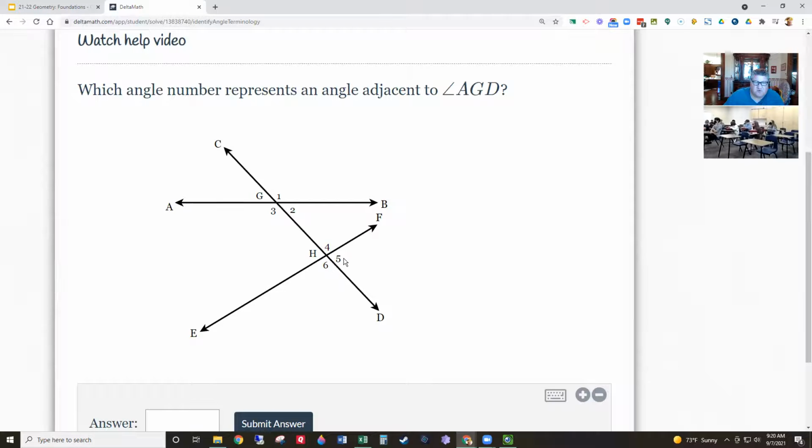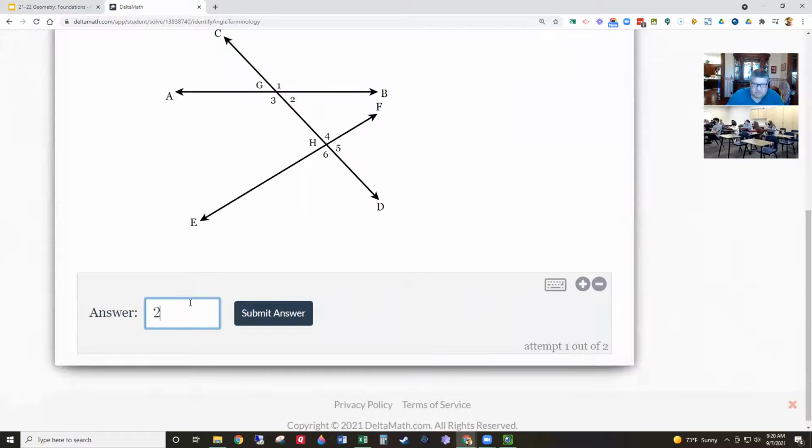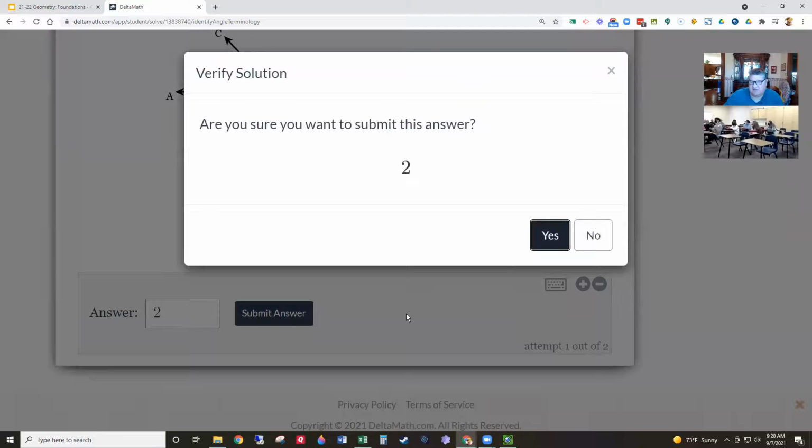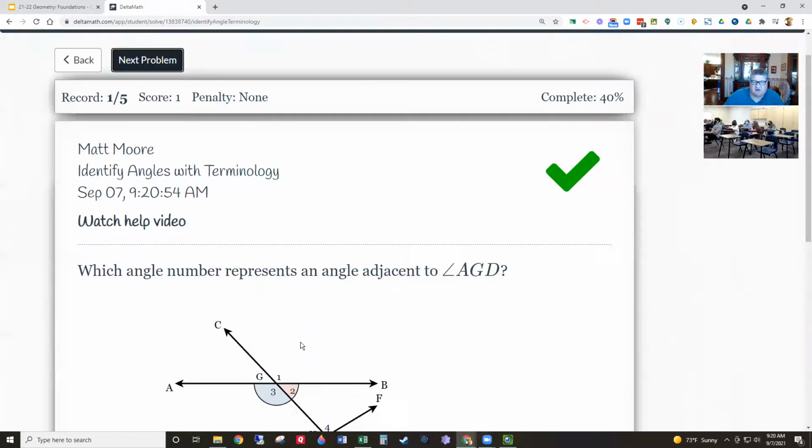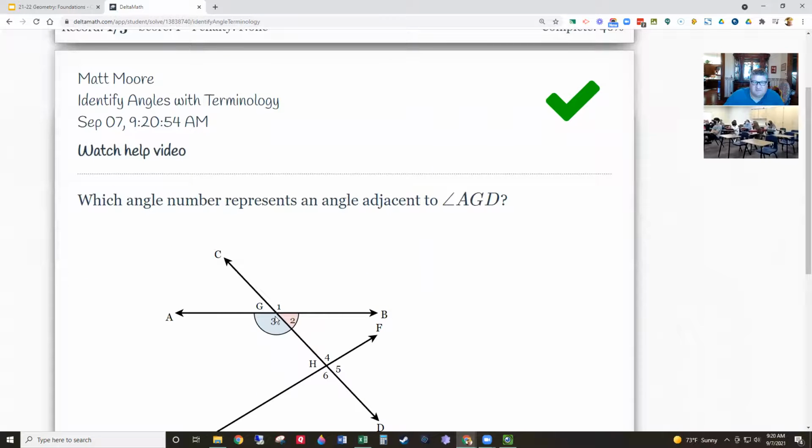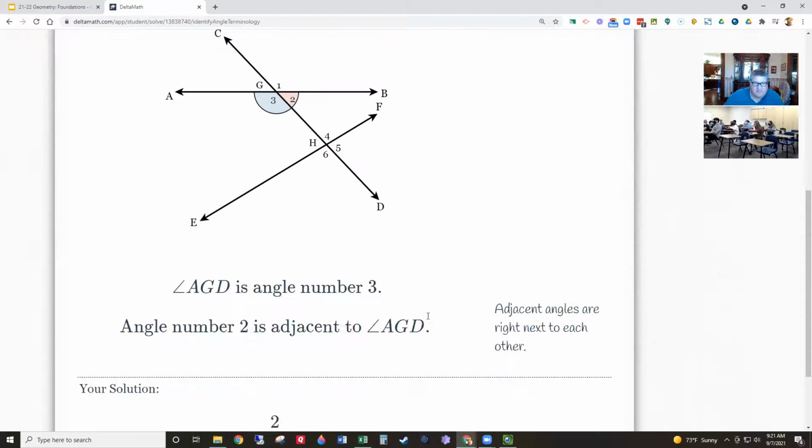No. 4 and 5 would be. So in our case, 3 and 2. Geometrically, for something to be adjacent, it has to share a side. These two angles have a side that they share. So where one stops, the other one picks up. That's adjacent.